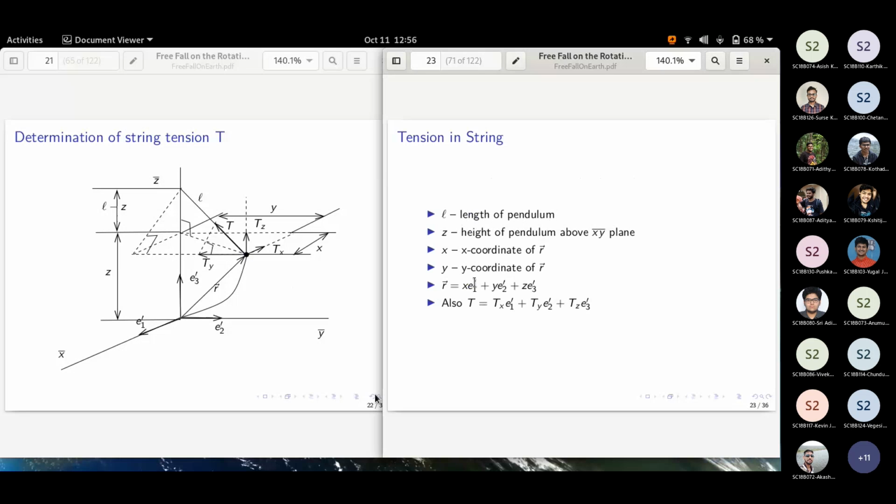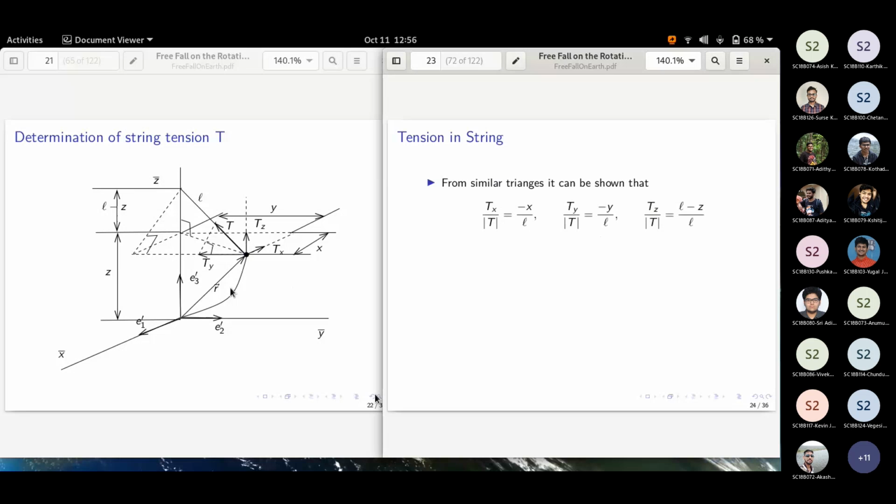So from the figure, from these similar triangles, what we can obtain is, let us look at Ty first, because we have drawn the line for that.